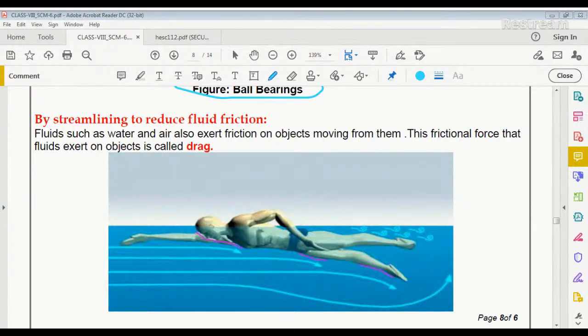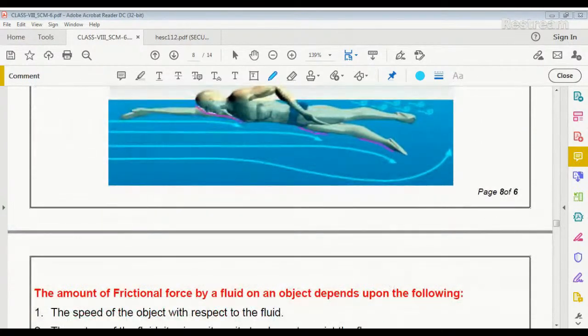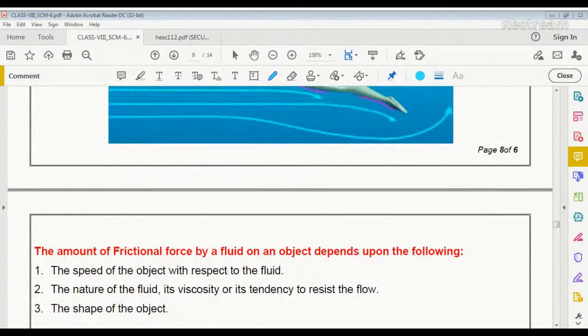Next, the amount of frictional force by a fluid on an object depends upon the following. The first point is the speed of the object with respect to the fluid.